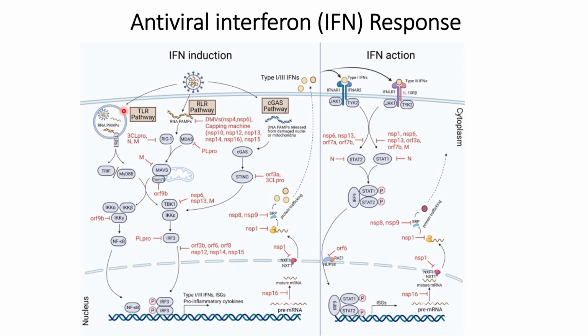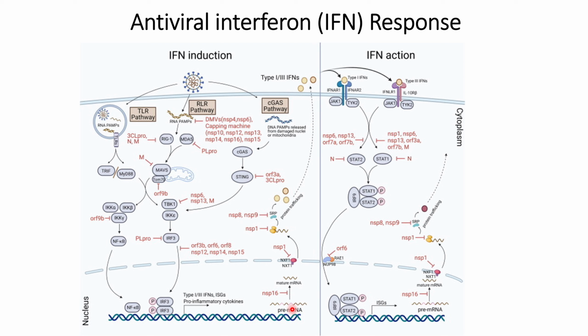In the case of the toll-like receptors, the viruses will enter into the cells, and when the virus interacts with the toll-like receptors, it can go through different signaling pathways that have been shown here. If it goes through the MyD88 pathway, it finally triggers the NF-kappa B pathway, and this NF-kappa B pathway upregulates the pro-inflammatory cytokines.